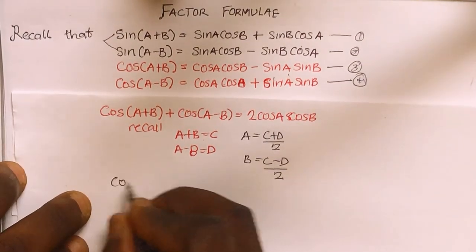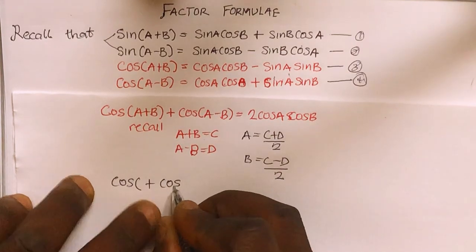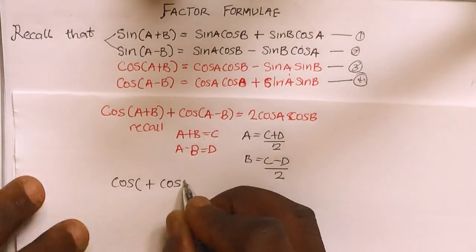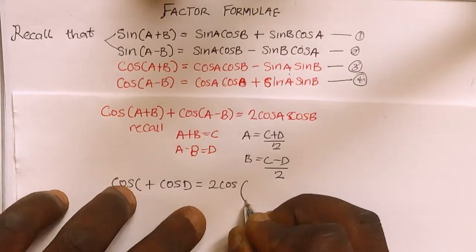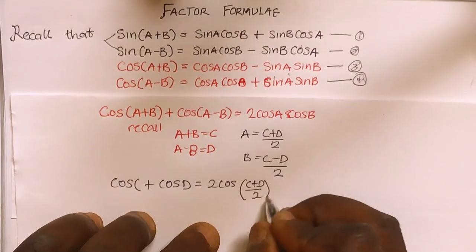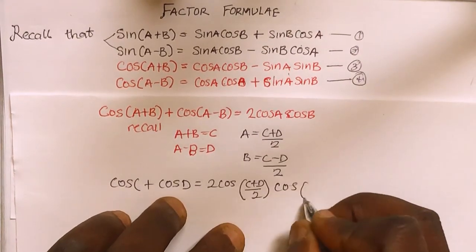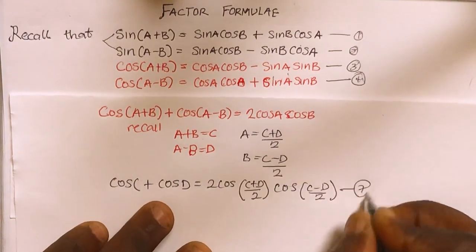I'm going to have cos (A plus B), which is cos C, plus cos (A minus B), which is cos D, equals 2 cos into brackets, A is C plus D over 2, right? Cos, what's your B? C minus D divided by 2. This is identity 7.